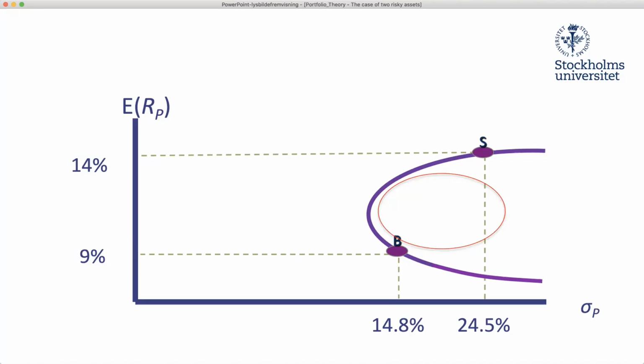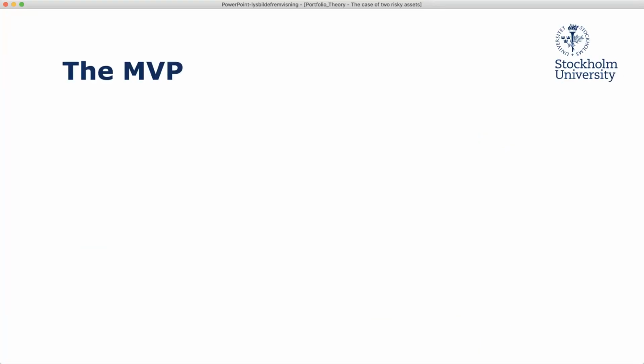An important element is the one associated with the minimum variance portfolio, the MVP. How do we find the actual weight on spin for this point? Well, we know that the MVP is the one that has the smallest variance.